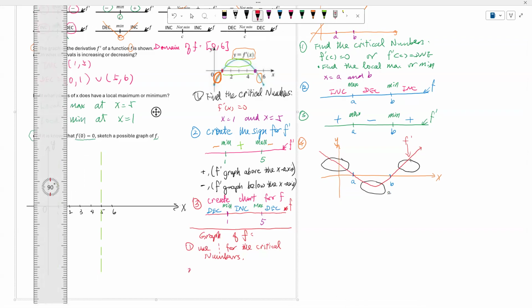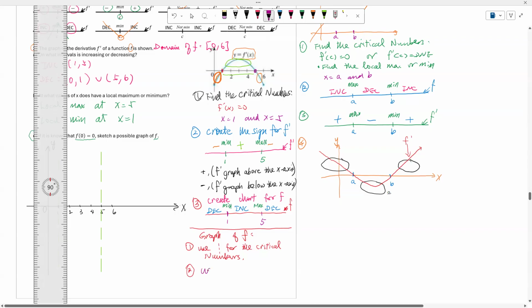And second, I will use a straight line for increasing and decreasing.